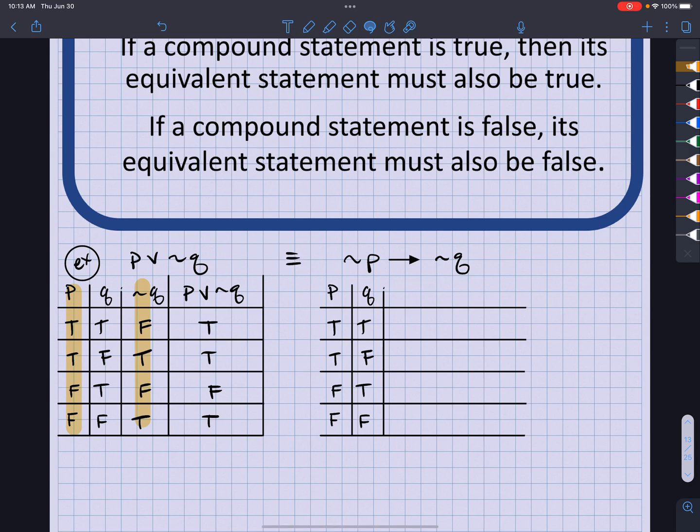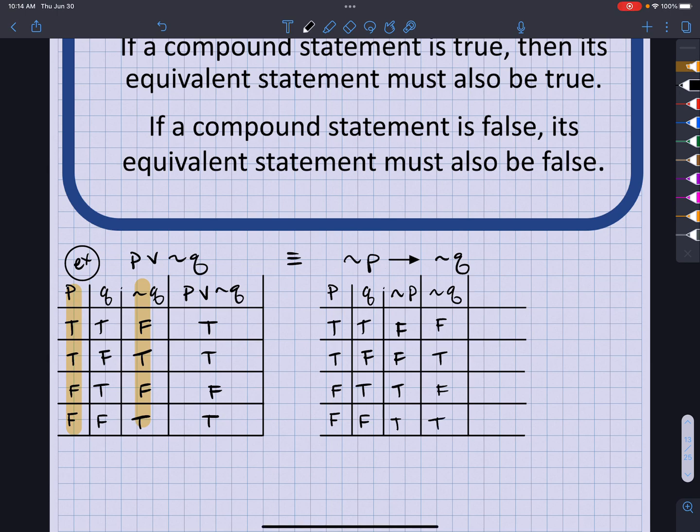I'm showing that these two are equivalent, so I'm going to need a not P. So I got to negate the P column, which is false, false, true, true. Then the not Q column, which is false, true, false, true.